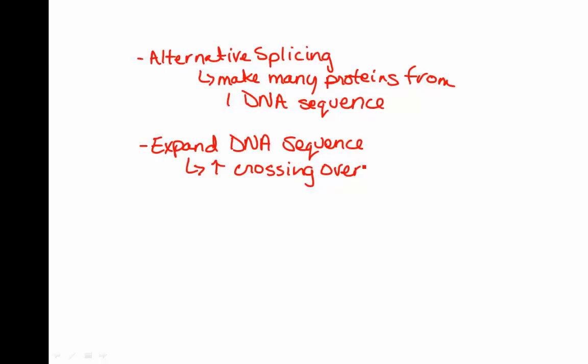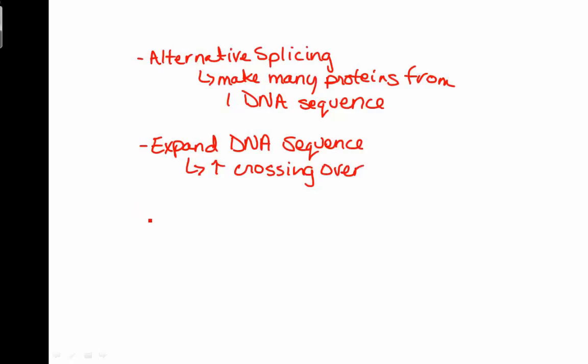New combinations are extremely important for natural selection. If we have a very large region in the DNA, then we have a higher probability that when a crossover event takes place, it may take place within that region. So if we add little spacer regions inside the DNA, then we're going to increase our chances of getting some new combinations within that particular DNA sequence or within that particular gene.